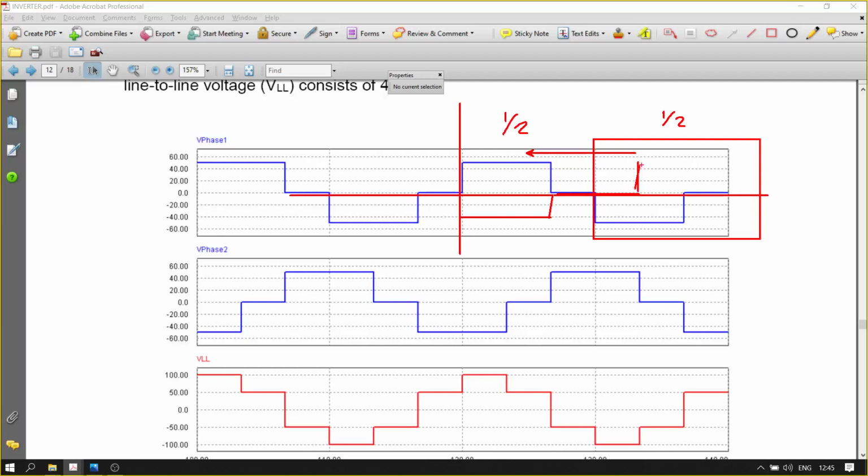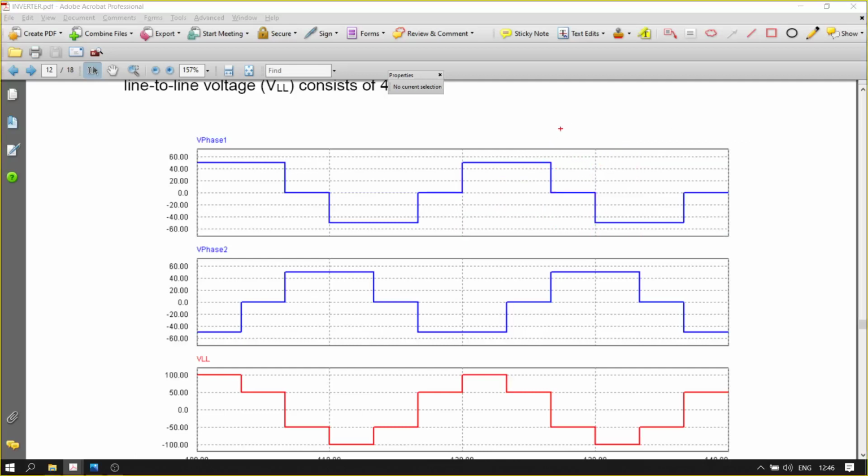Okay, you get that waveform, and then you reflect with respect to x-axis, and you will get the same original waveform. So this waveform is half wave only if you maintain the original waveform here.